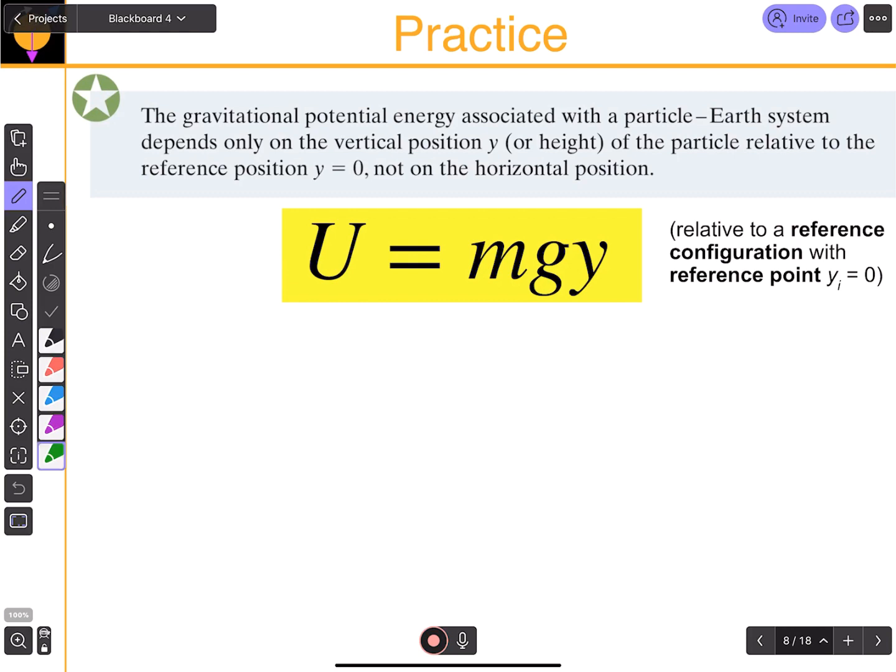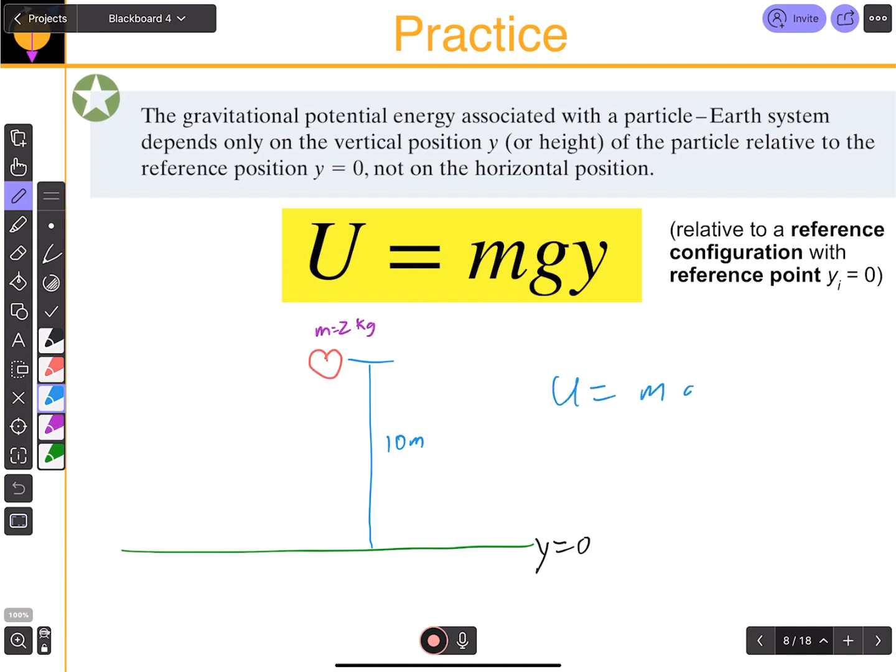If we pick a spot to be 0, so let's say this is the ground, and I pick here to be y equals 0, then consider the potential energy of this heart up here, which is 10 meters up. And this heart is very heavy, a gorilla heart, something big, with a mass of 2 kilograms. Then the potential energy will just be mg times y, relative to its height at that point.